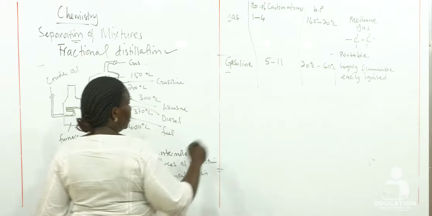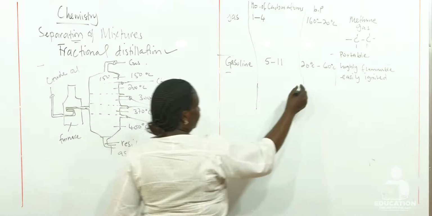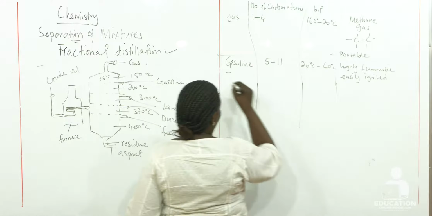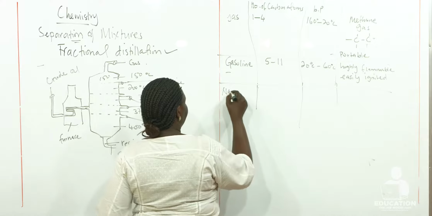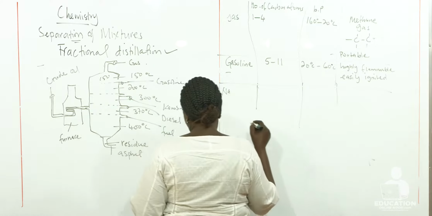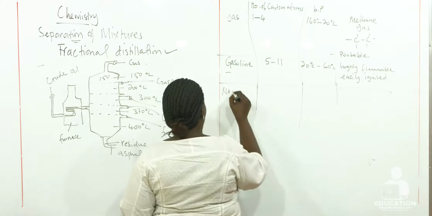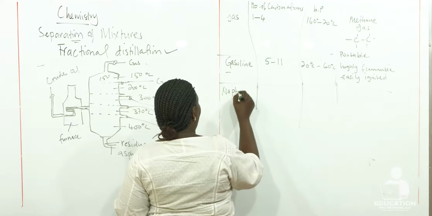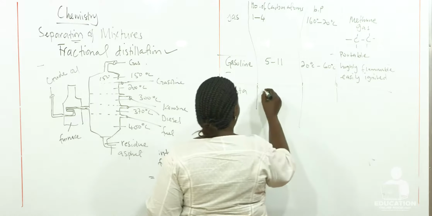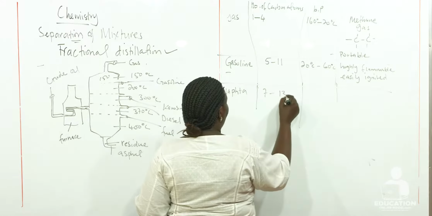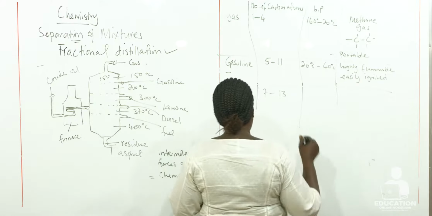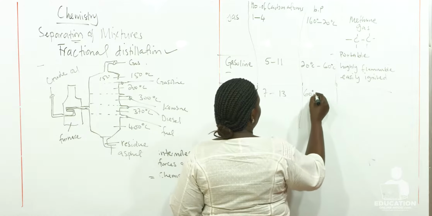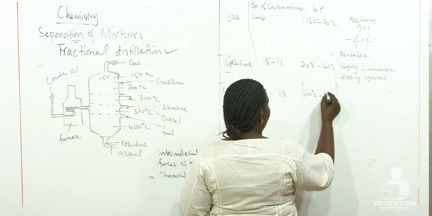Then we have what is called naphtha. Naphtha has 7 to 13 carbon atoms. The boiling range is 60 degrees Celsius to 180.